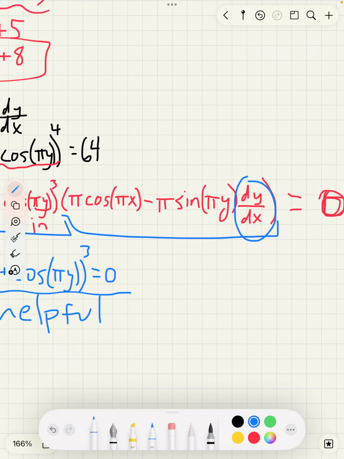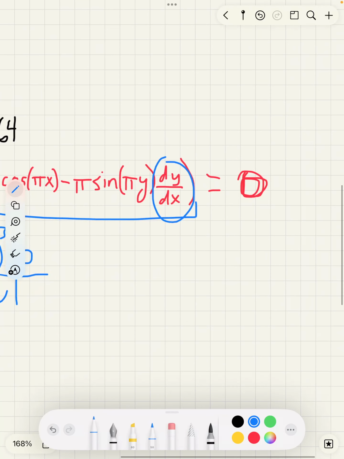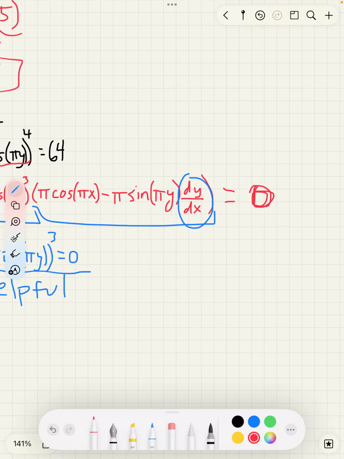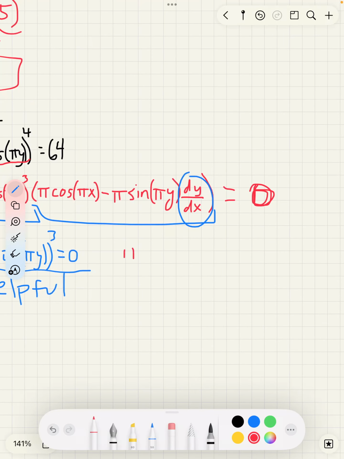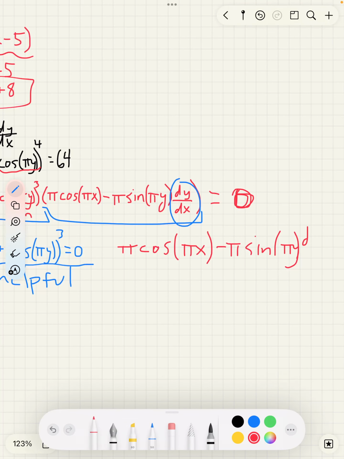So if I set that other factor, pi cosine of pi x minus pi sine of pi y dy dx, equal to 0, then I'll be able to solve for dy dx. So I'm going to start by adding this second term to both sides.